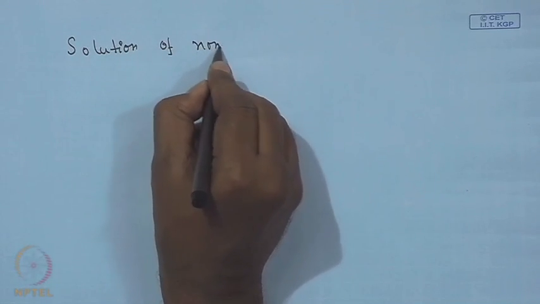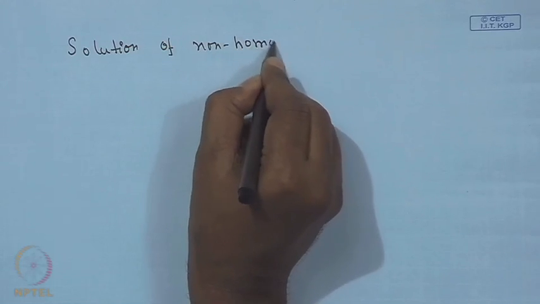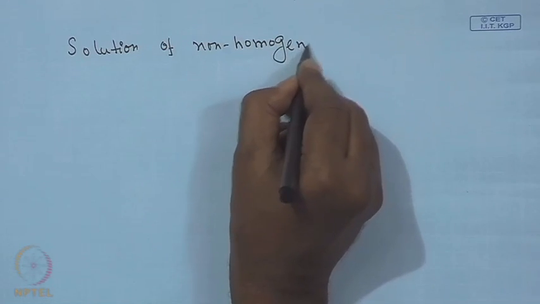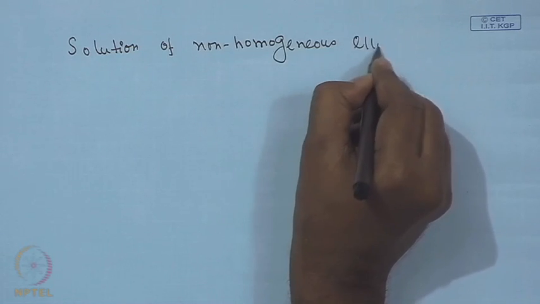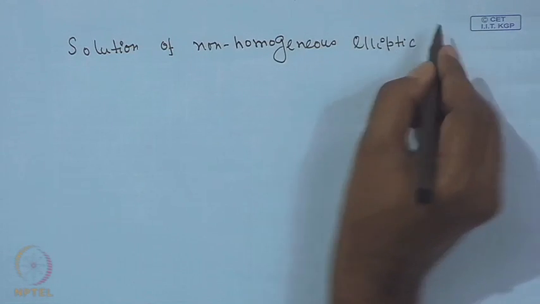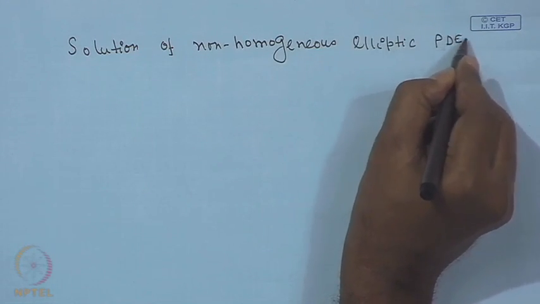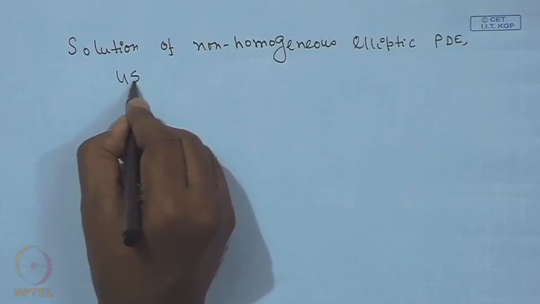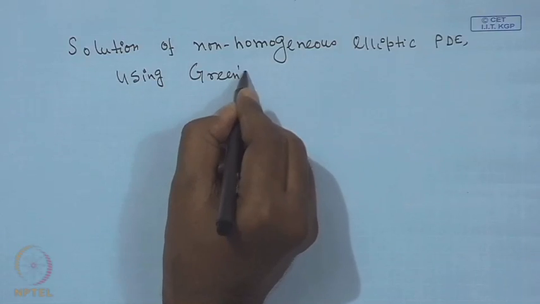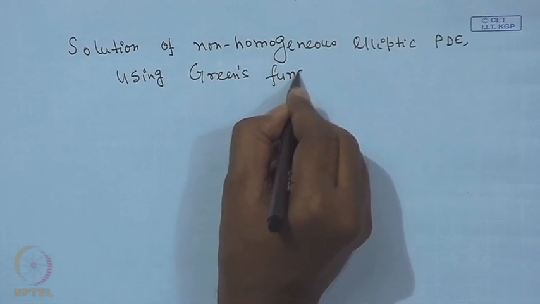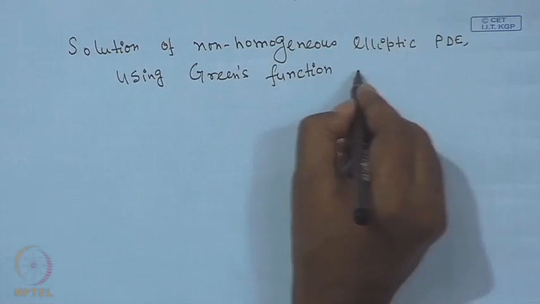Of a non-homogeneous elliptic PDE using the Green's function method.